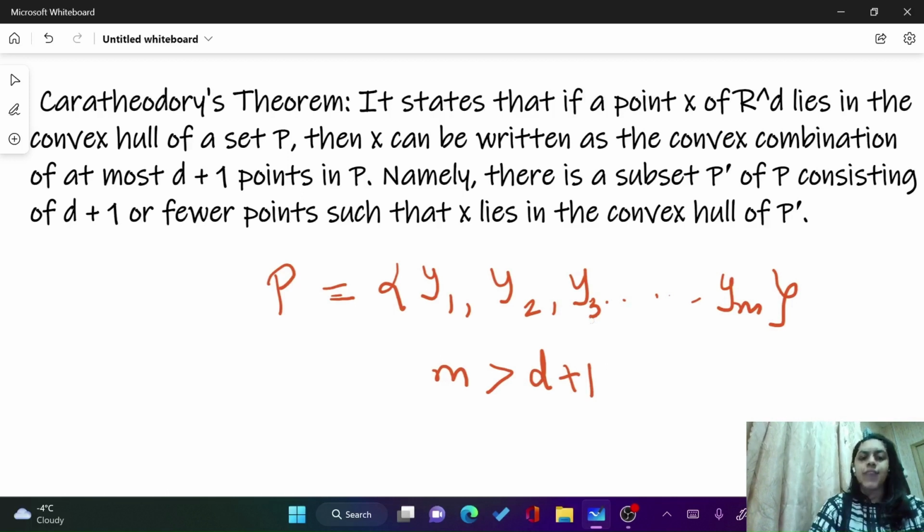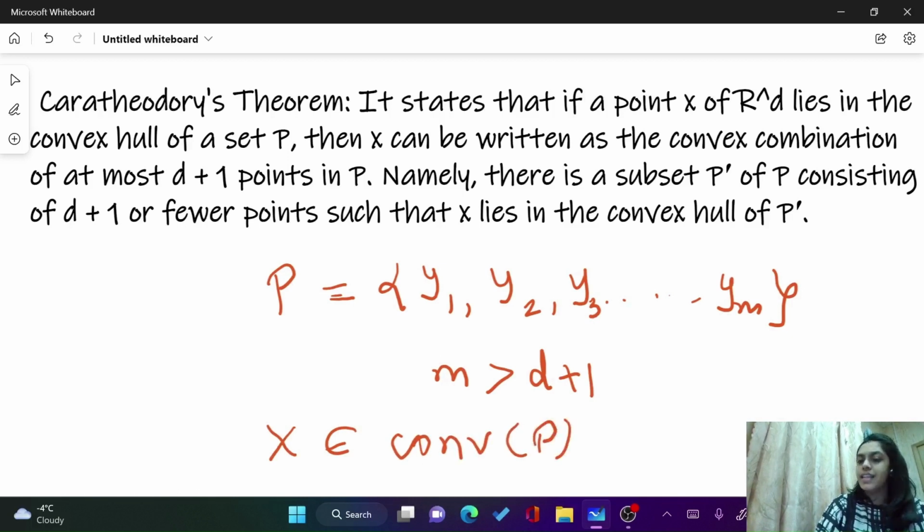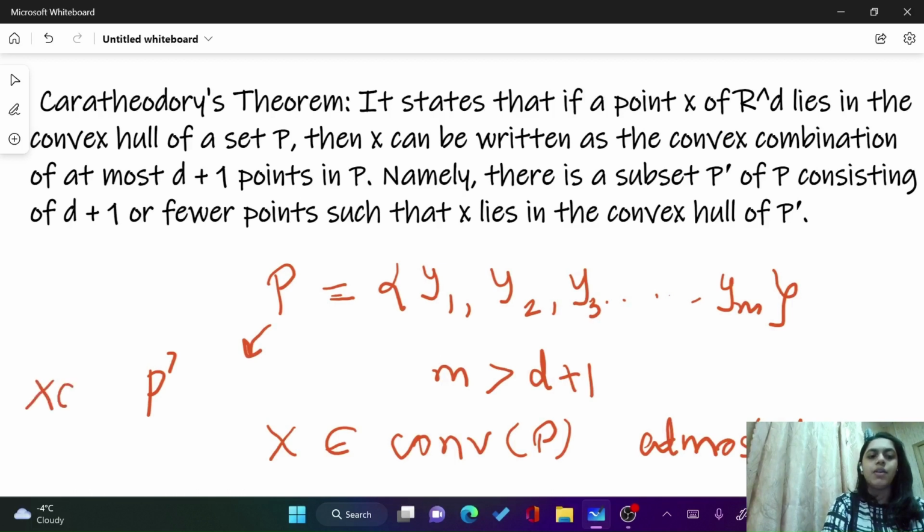And we are saying that there is some X which belongs to the convex hull of this P, which can be represented as a convex combination of at most D plus 1 points in P. So now there is a subset of P, that is P dash, consisting of D plus 1 or fewer points, such that X lies in the convex hull of P dash. So we need to prove that X belongs to the convex hull of this P dash, a subset of P.